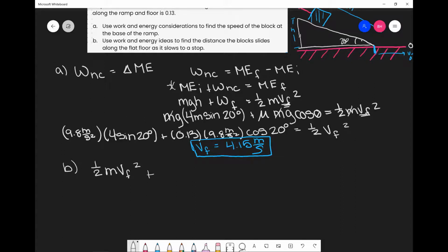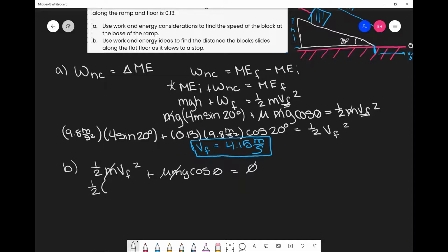So let's go mu m g cosine theta. And this is going to be equal to, well, if it stops and it's at a 0 point, there's actually no potential energy. So let's solve and identify what we have here. So we have 1/2 the mass of our block. Oh, wait, our masses cancel out.